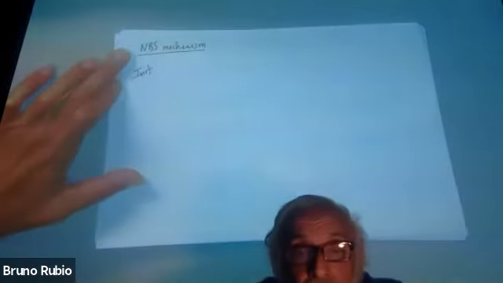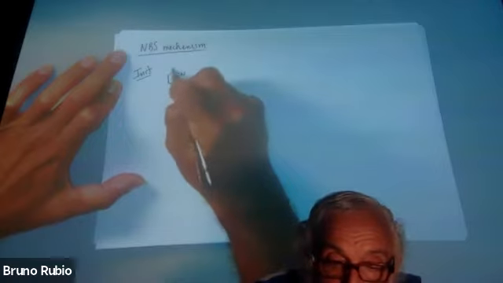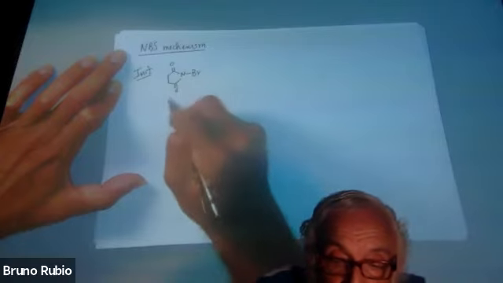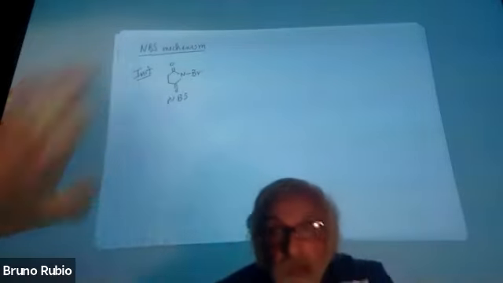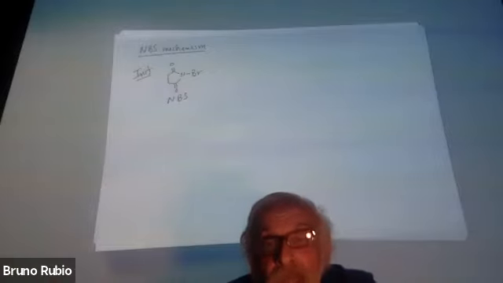Just like with every radical reaction, we have stages: initiation, propagation, and termination. So the initiation step, N-bromosuccinimide, NBS. And remember last time we said that bonds that involve carbon and hydrogen are stronger than bonds that don't.